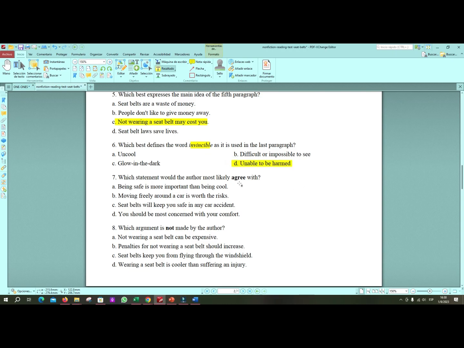Okay, that's good. 7. Which statement will the author most likely agree with? A. Being safe is more important than being cool. B. Moving freely around a car is worth the risk. C. Seatbelts will keep you safe in any car accident. Or D. You should be most concerned with your comfort. Which could be the answer in this case? Agree, it says. A, B, C, or D?